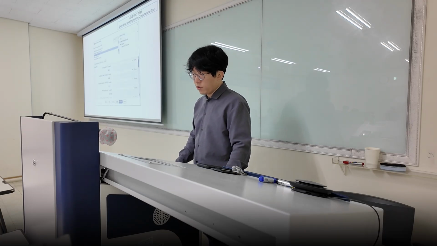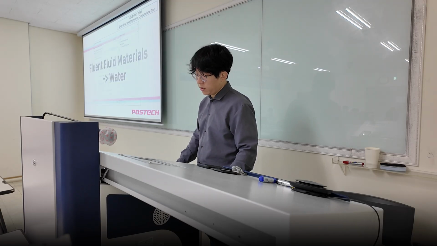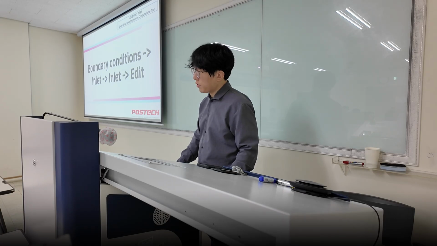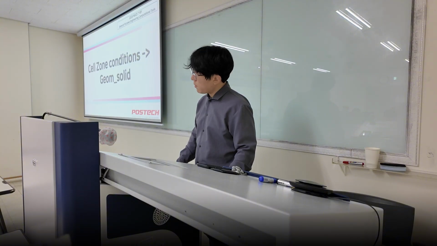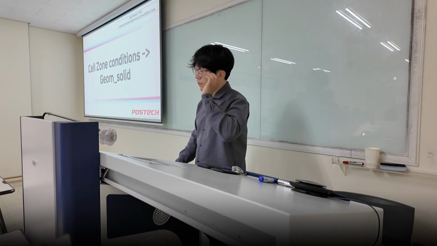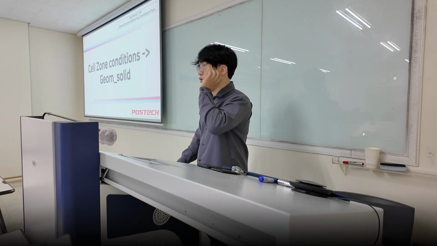Then you're going to go to the database and copy the properties of liquid water, and check the boundary conditions at the inlet and outlet. Keep in mind the Reynolds number. If the Reynolds number falls into the laminar regime, then you can choose the laminar model. Otherwise, you have to choose the turbulent model.